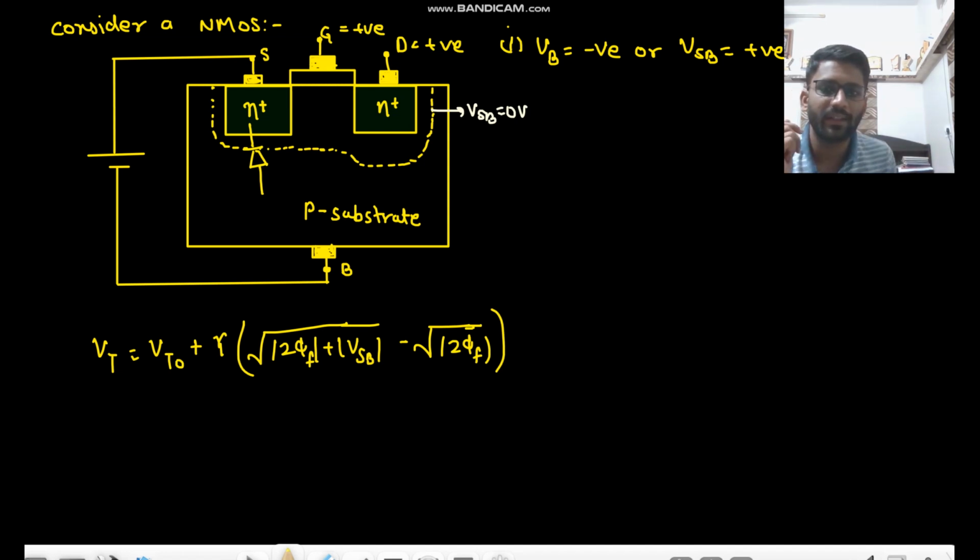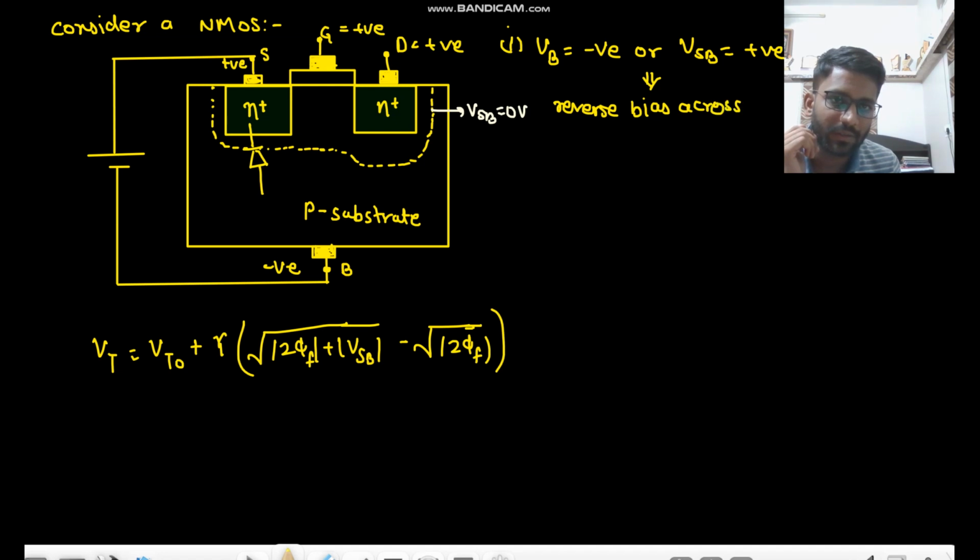Now this side is negative and this side is positive. So the reverse bias across the source terminal is getting increased.